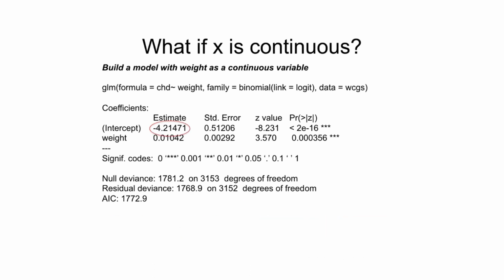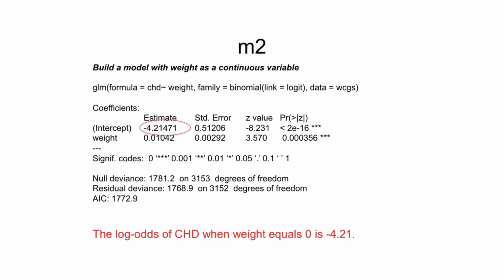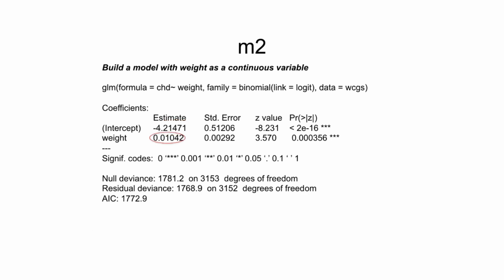What if the explanatory variable is continuous? So let's try a model treating body weight as a continuous variable. What does the intercept tell us in this case? In this case, the intercept tells us that the log odds of CHD when weight equals 0 is negative 4.21. What about the weight coefficient when we use a continuous weight variable?